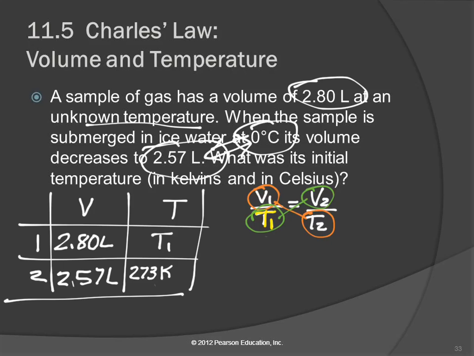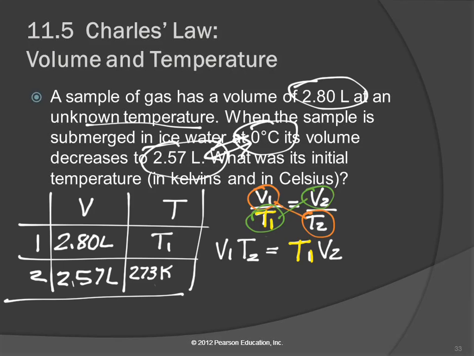The top of one side times the bottom of the other side equals the bottom of the first side times the top of the other side. If that bothers you and you don't believe me, I'll be happy to show it to you after class or during the break. So this gives us V1 T2, that's the orange ones, and T1 times V2. I'm just going to try to keep track of that guy that I'm looking for.